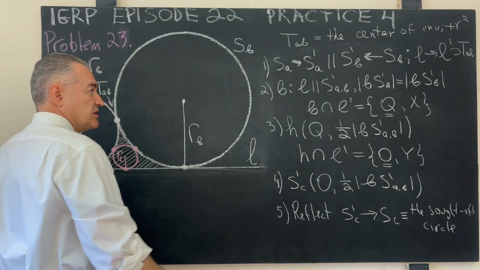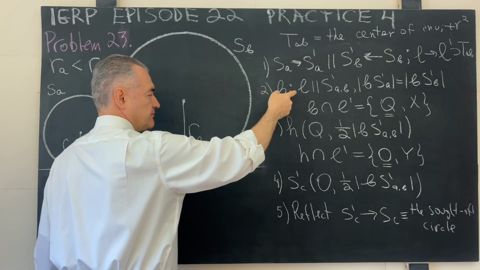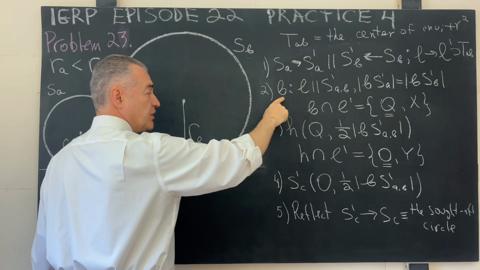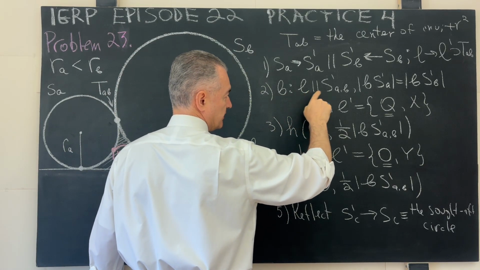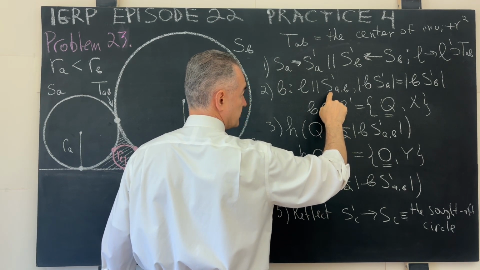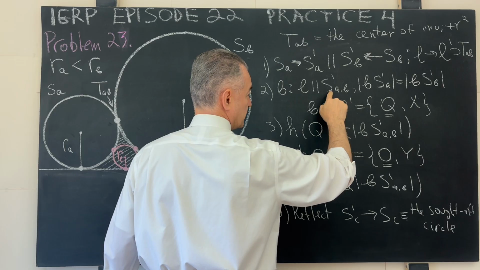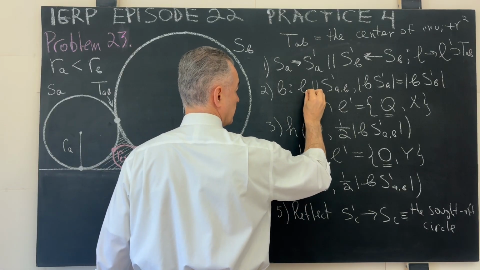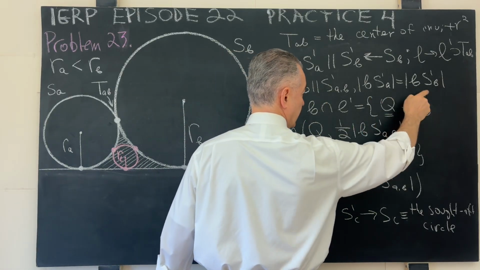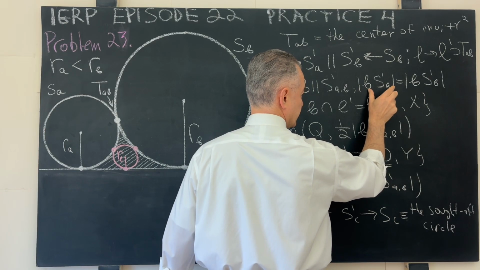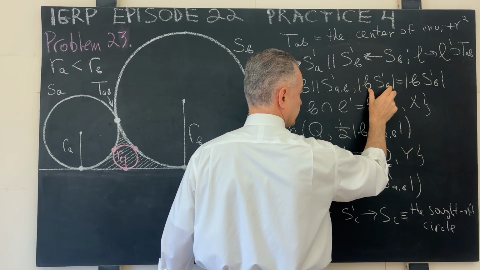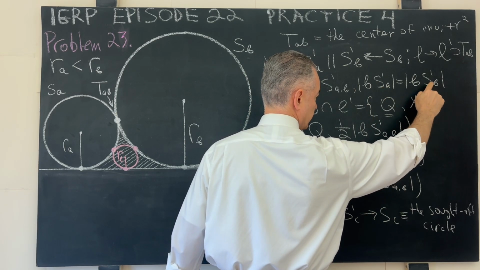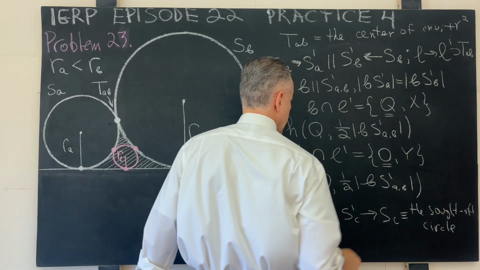Then we construct, it cannot be called a bisector, but let's say, a median straight line that runs in between the straight lines S prime A and S prime B, in such a way that the distance between the median straight line and the straight line S prime A is the same as the distance between this straight line and the straight line S prime B.